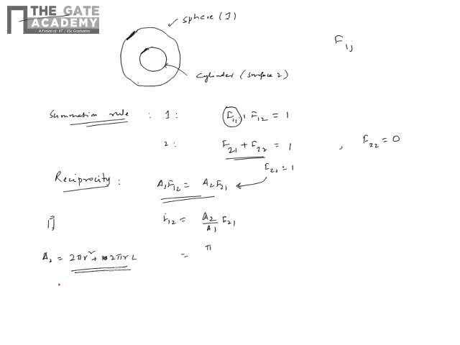This is A2, and your A1, which is the surface area of the sphere, is 4 pi rs square, with rs the radius of the sphere. Okay, don't confuse this and that. So this A2 by A1 would be 2 pi r square plus 2 pi rl, over 4 pi rs square.